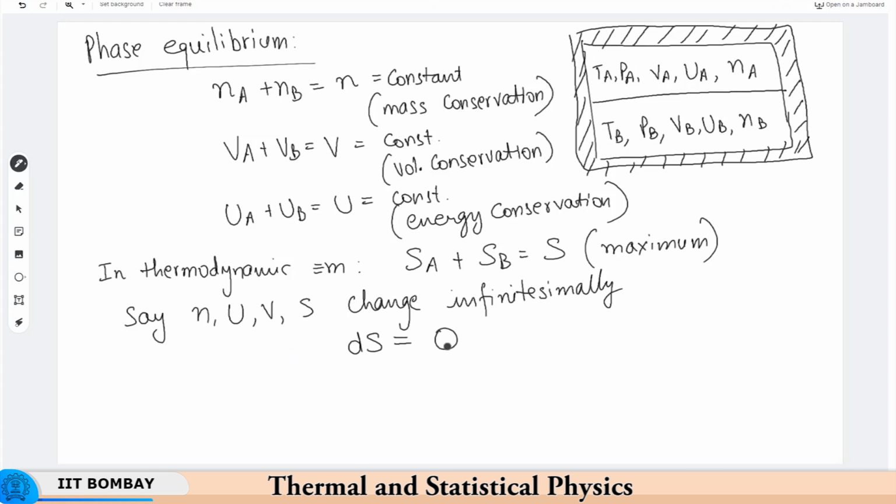It is still at equilibrium, so it is at an extremum, so the change in the total entropy is still 0, which implies dSA plus dSB is 0. So, this is at equilibrium.